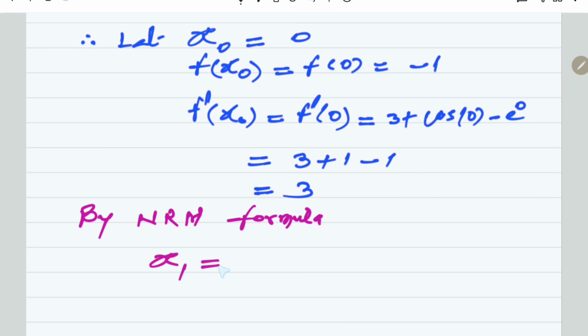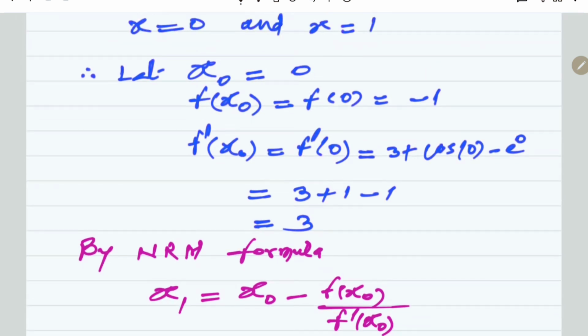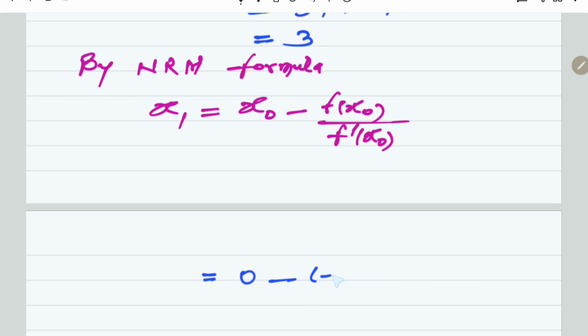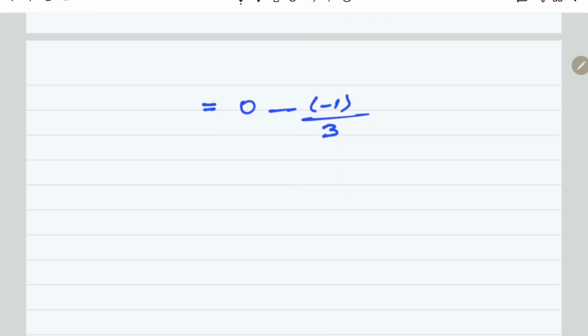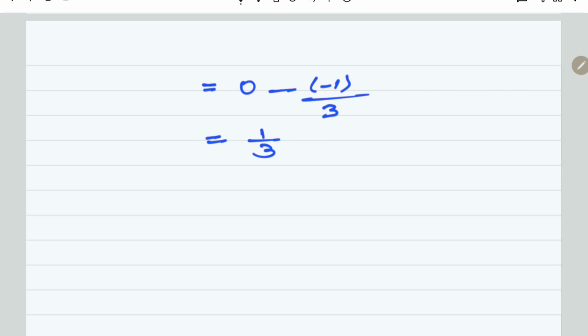Therefore, substituting the corresponding values, x0 is 0, f of x0 is minus 1, and f dash of x0 is 3. Therefore, it is 1 by 3 and the value is 0.333 with 3 significant digits.